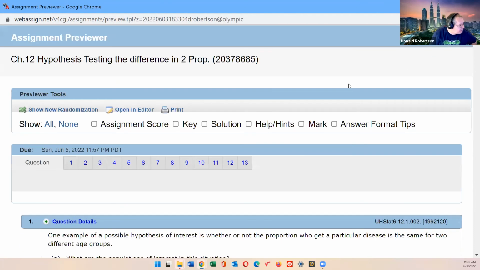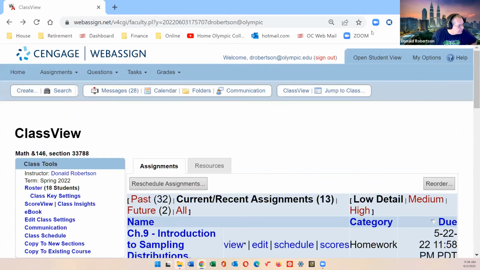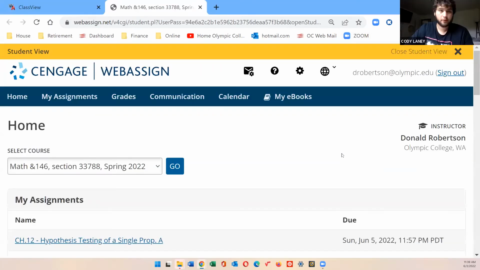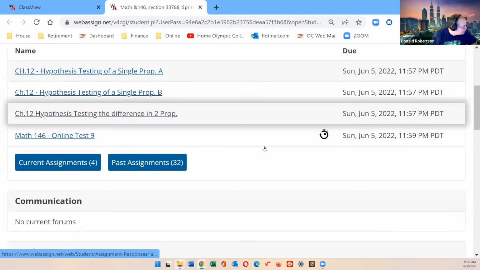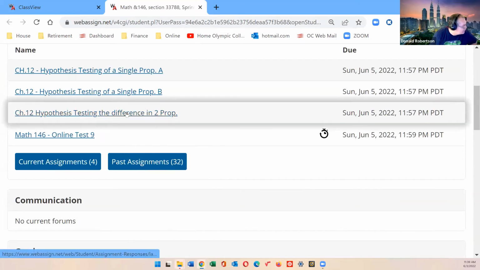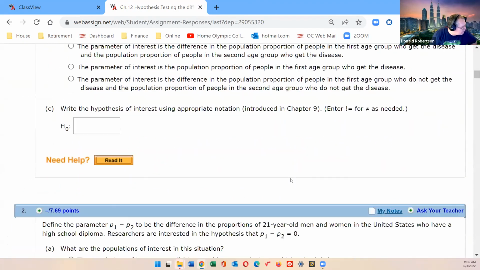Okay, let me do something here. I'm going to go in as a student. That way I can test it. Although it won't judge my answers if I don't do it this way. All right, so I'll click in. That was question 6 or 7? 7.